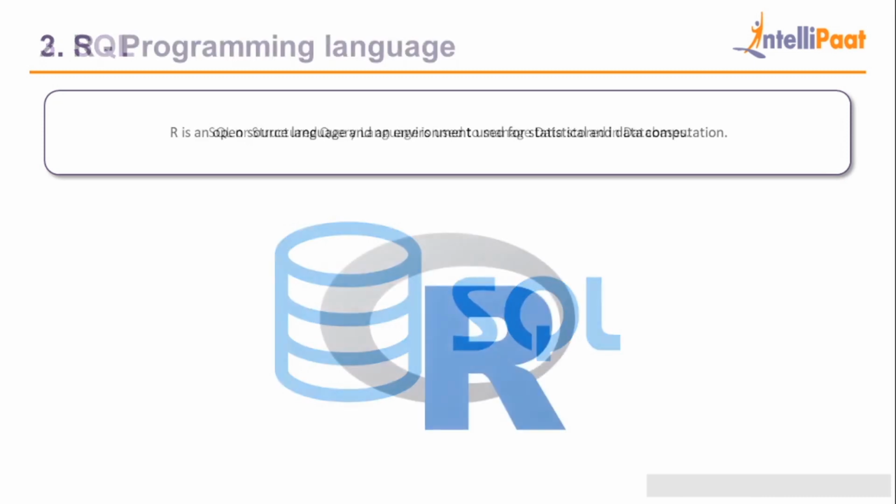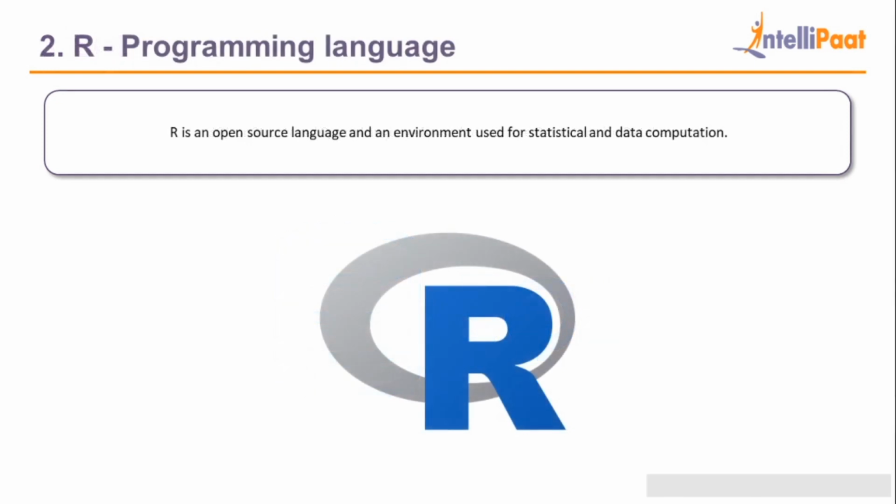All right, now let's move to the second rank, that is R. The R programming language is an open source language and environment that is used for statistical and data computation. It's not easy to learn R; most people figured out that R is a little bit tougher than your other language, Python.